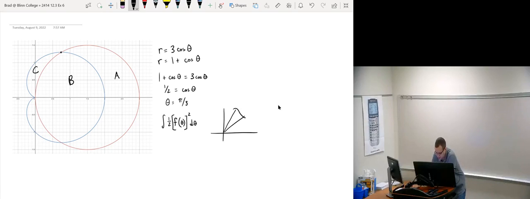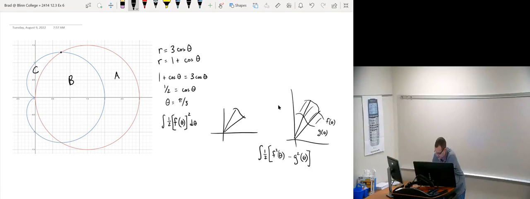That was for getting some area inside a single curve. Not sure we've done one of these yet, but if there are 2 curves, area between them, it was, or you can use something like this: an outer radius minus an inner radius, similar to the area between curve stuff, but now it's squared.